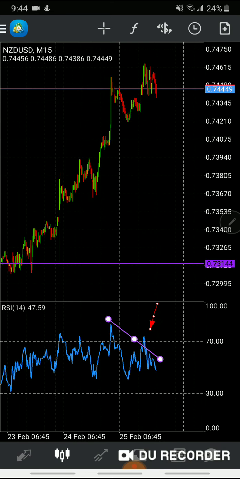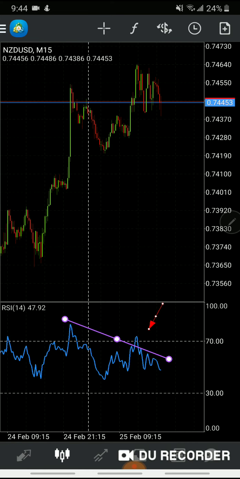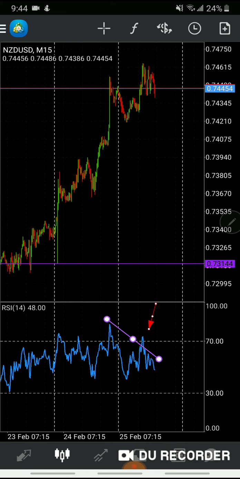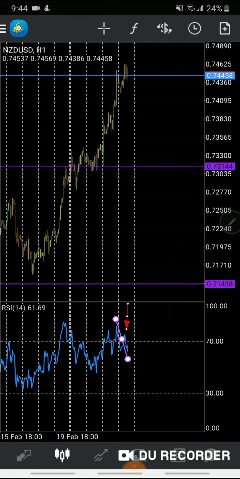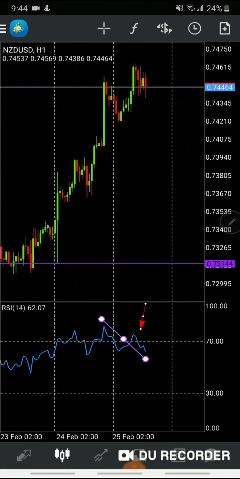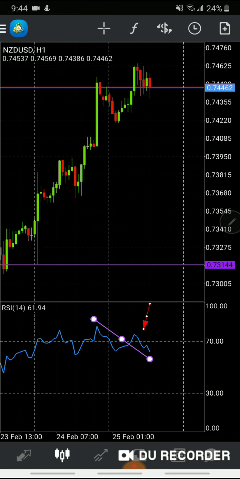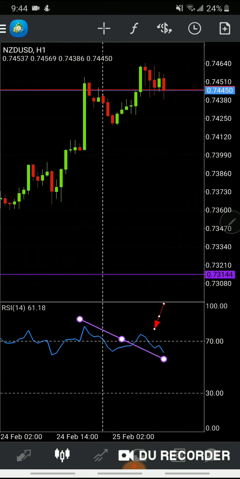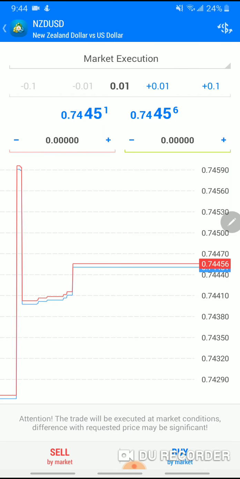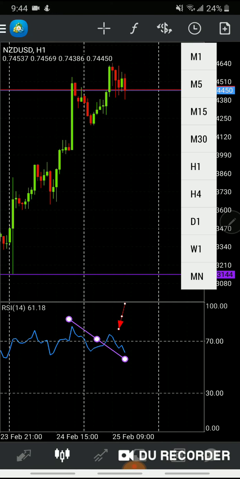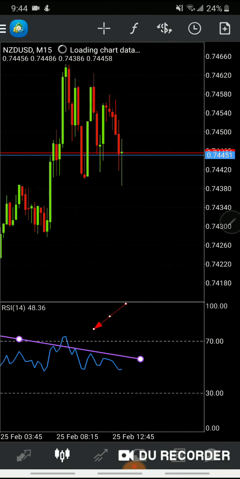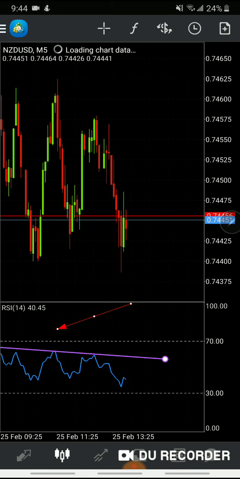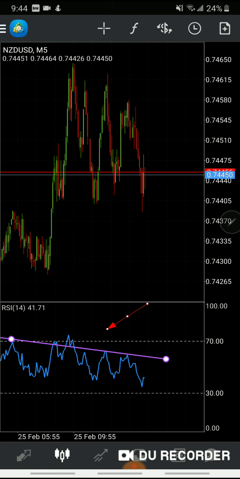Even on the 15 minutes we are in a range, and on the 1 hour the RSI is heading down potentially, but I'm looking for some sort of selling pressure.